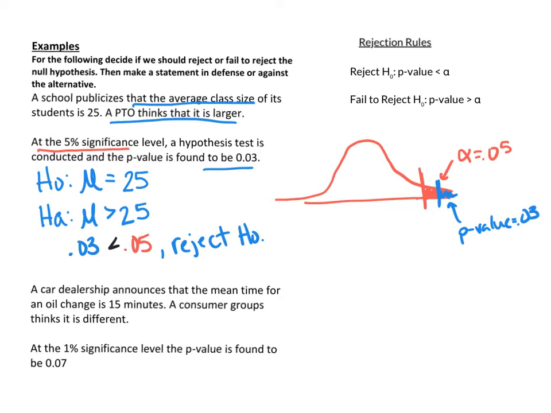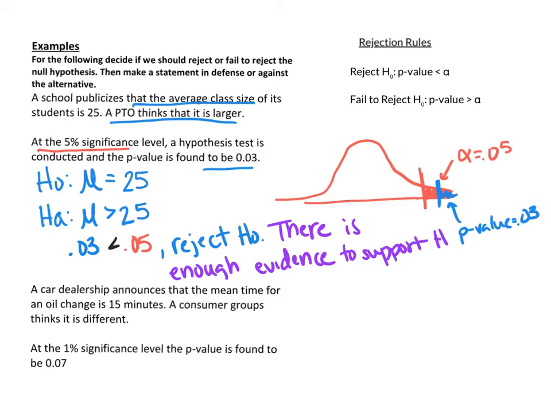And so when we write the conclusion, it looks like this. You're going to reject H naught. You're doing that because there is enough evidence, and your evidence is that small p-value. There's enough evidence to support HA, the alternative.